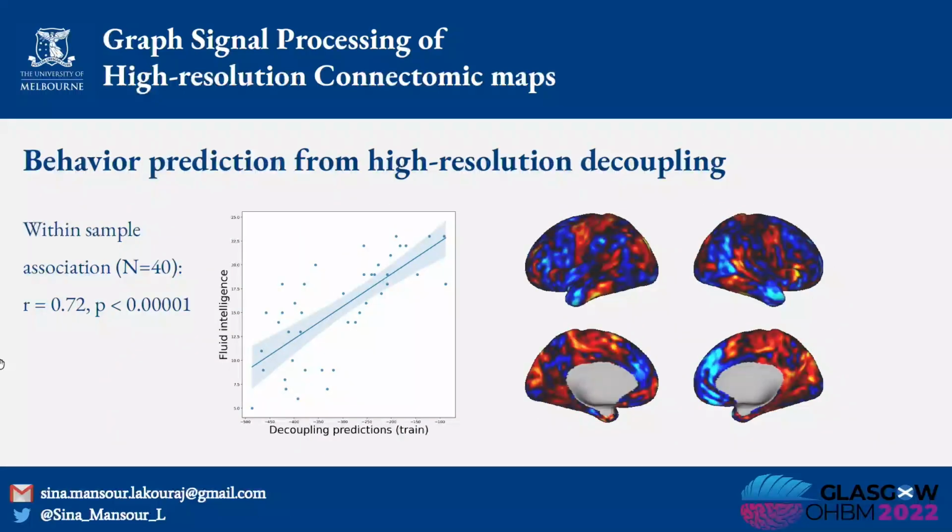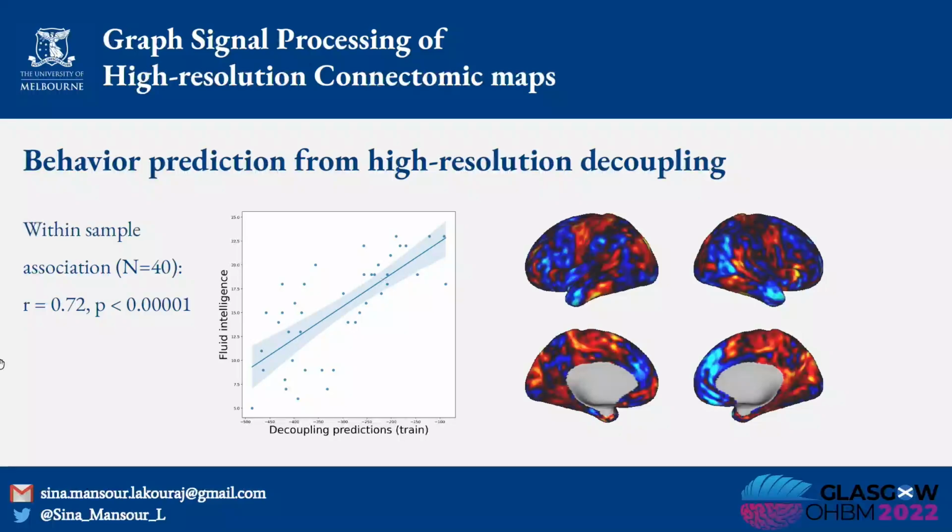Now, we wanted to move one step further and see if we could then use this information to derive predictions of behavior using this graph signal processing of structural function coupling analyses. So what we did was sort of a different take of behavior prediction. We only took 40 individuals from the Human Connectome project.